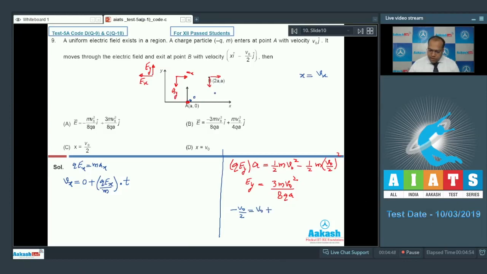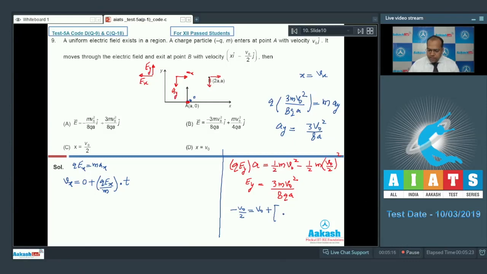Acceleration in y direction can be calculated as q into Ey. I have found the value of Ey, that is 3m v naught square divided by 8qa, equal to mass into acceleration in y direction. So the acceleration in y direction comes out to be 3 v naught square upon 8a.